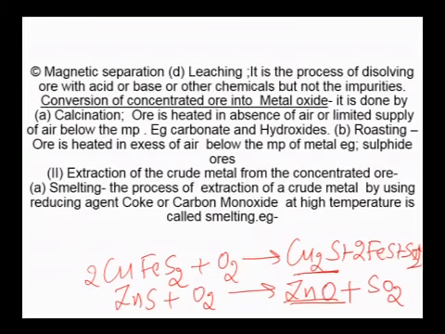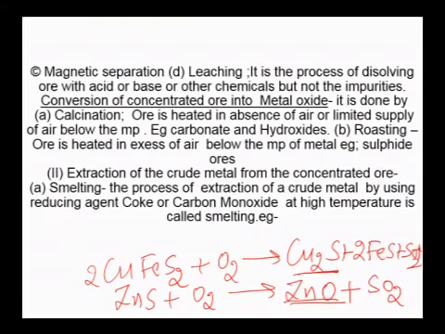In chalcopyrite also, cuprous sulfide again burns with oxygen and is converted into cupric oxide. Similarly, ferrous sulfide again burns with oxygen and is converted into FeO. That means sulfide ores are generally converted into oxide ores in this method.